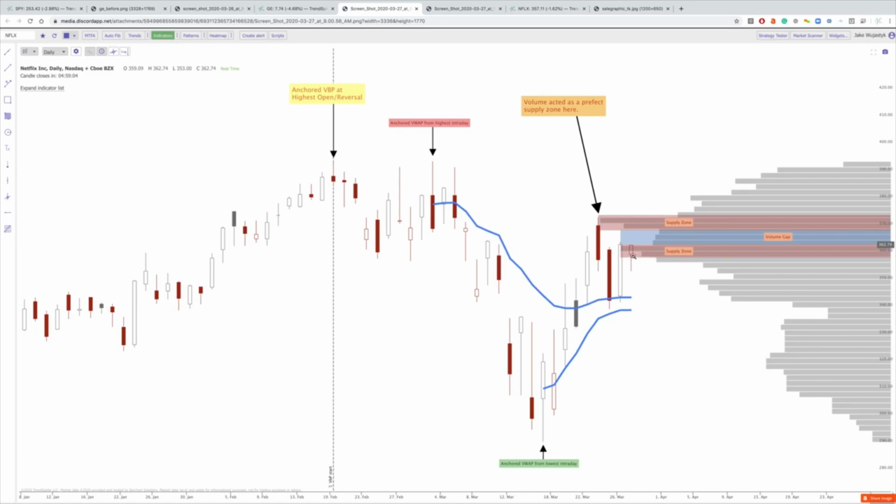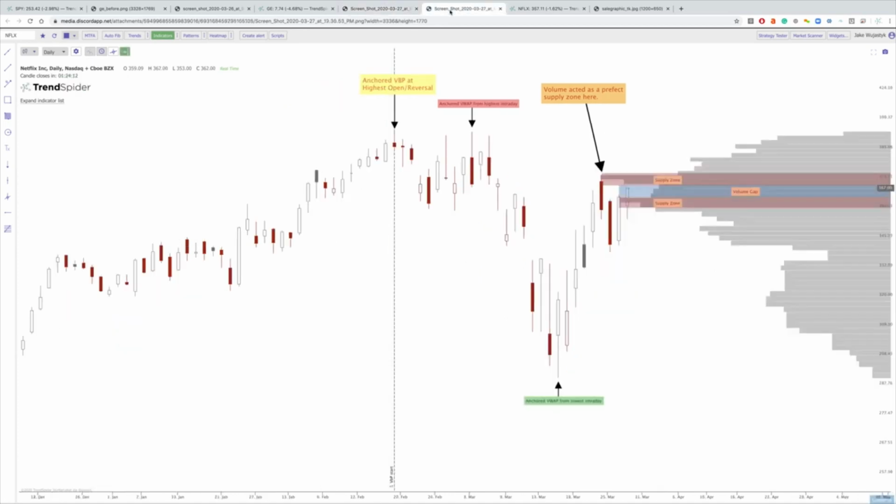Once you got through that supply zone, you had this volume gap above. And what's really cool about this is if we go to the next shot, notice how quickly the price was able to shoot through this volume gap, because there just weren't enough shares to add to the supply to overtake demand. Demand was just overtaking supply at this point because there just wasn't enough shares.